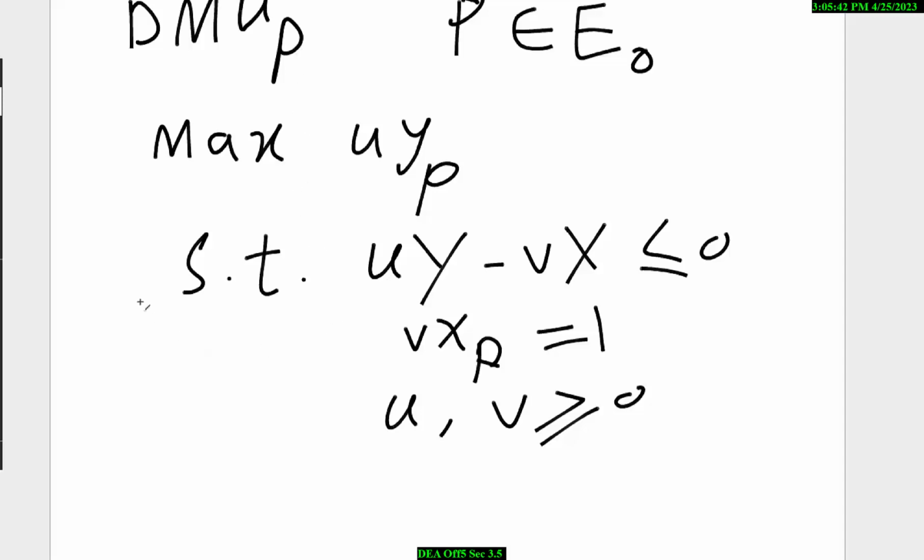So we should find an optimal solution with the optimal objective value of 1 and positive weights for each DMU P that P belongs to E O to prove that DMU O is efficient.